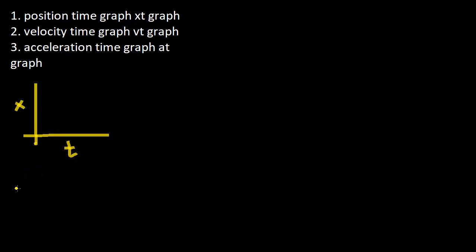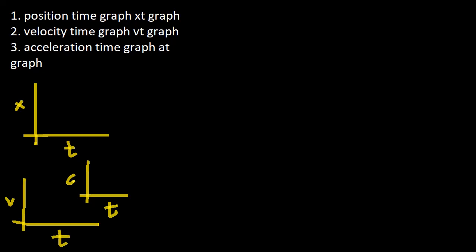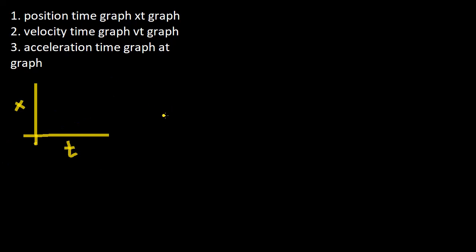Then we have the vt graph, which has the same t on the x-axis and the velocity on the y-axis, whereas the acceleration time graph has t on the x-axis and a, acceleration, on the y-axis. So this was what we had discussed in the last class, and we shall move on from this position forward. Okay, so we'll first take a look at the position time graph.